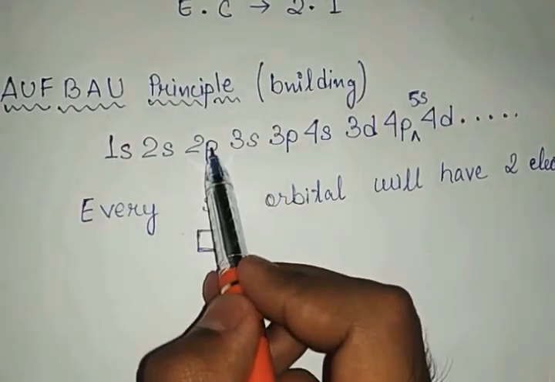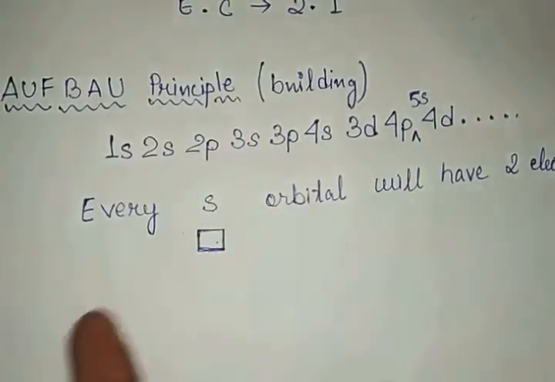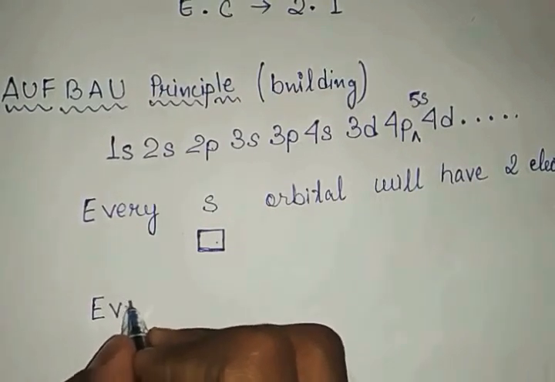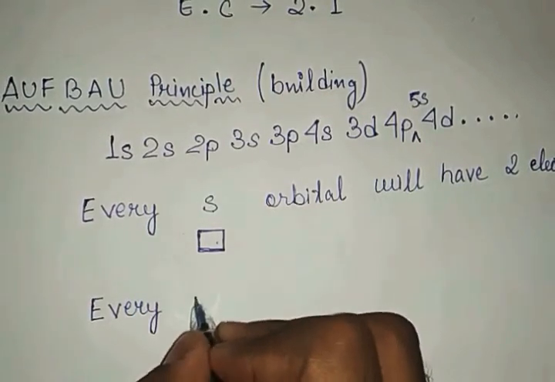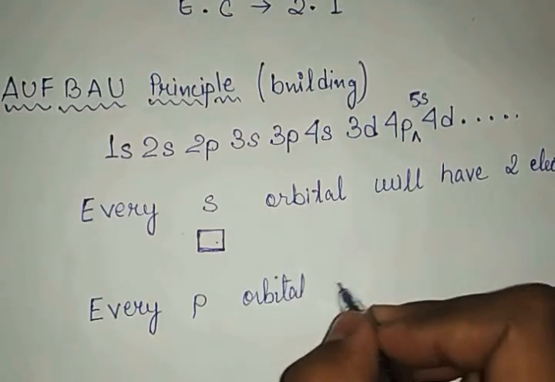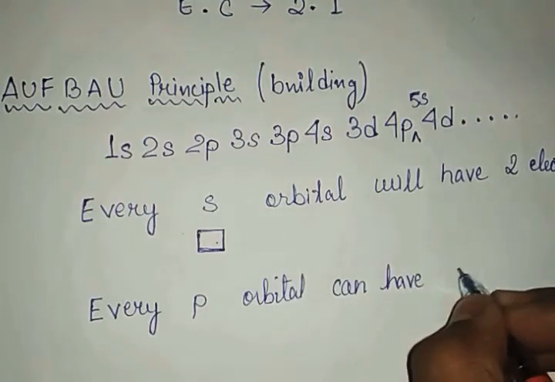In case of p, I have told you that there are 3 p suborbitals, which are px, py, and pz. Every p orbital can have 6 electrons.